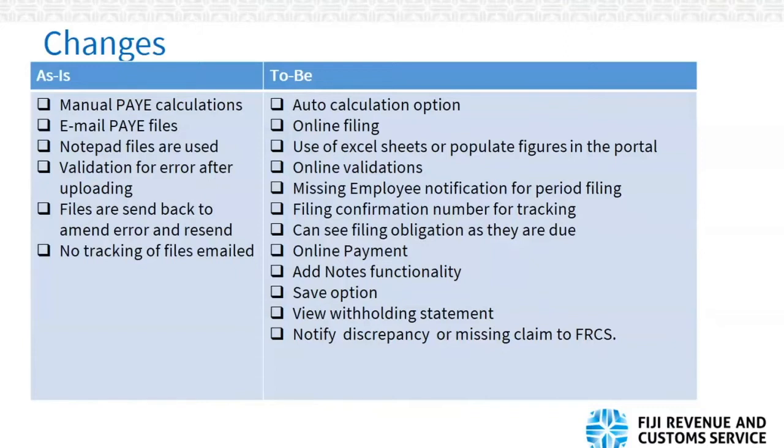The filing confirmation is very similar to what we saw yesterday after we submitted an SRT ring fencing or a special tax rate application. It will confirm that your PAYE return has been successfully submitted, and it will have a confirmation number. With that confirmation number, you can call FRCS and ask for the status of your return at any point in time.